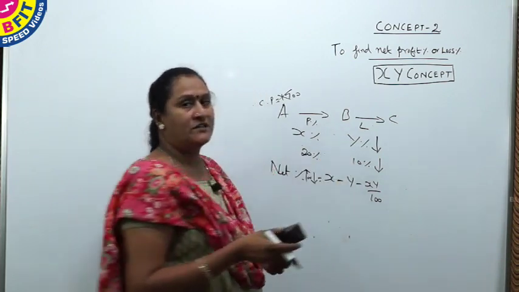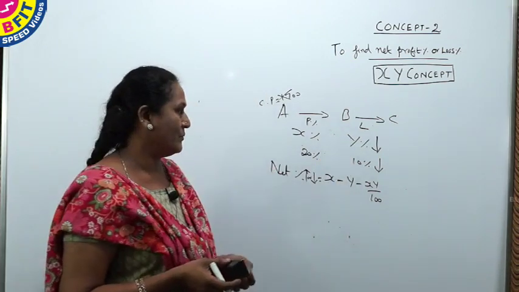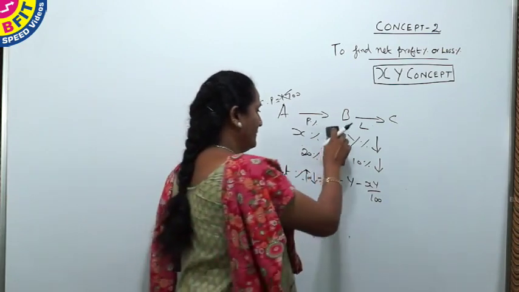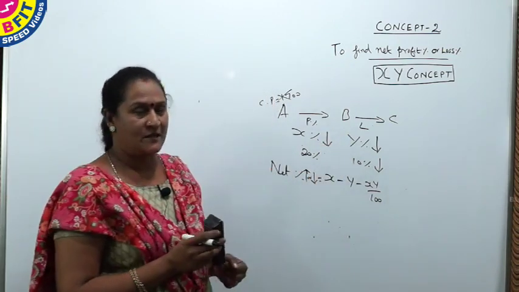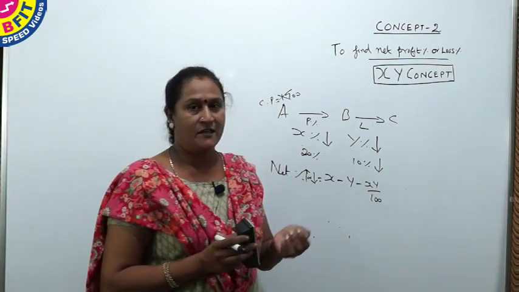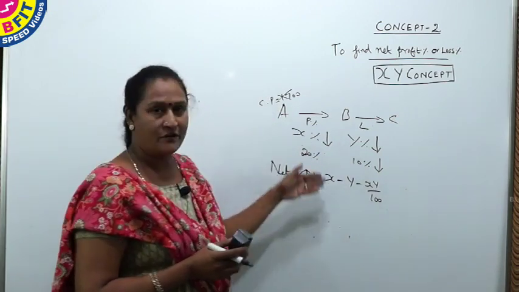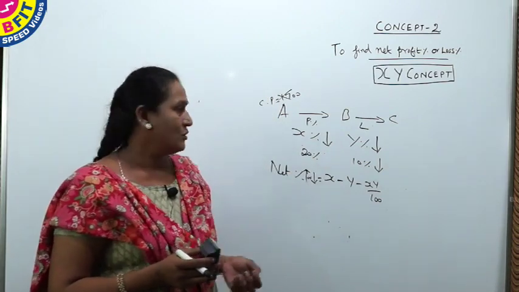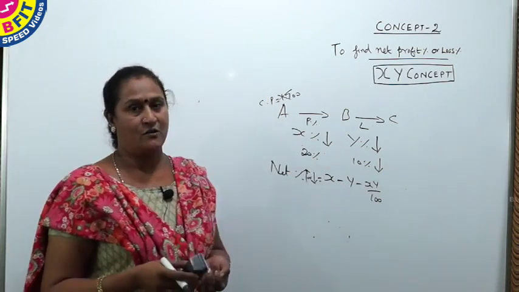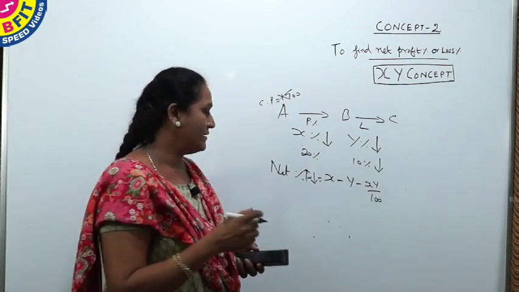And you may get questions like successive discounts also, meaning both decreases. First it is decreased by X% and then again it is decreased by Y%, or first a discount of 20% is given and then again a 10% discount is given. What will be the single equivalent discount?